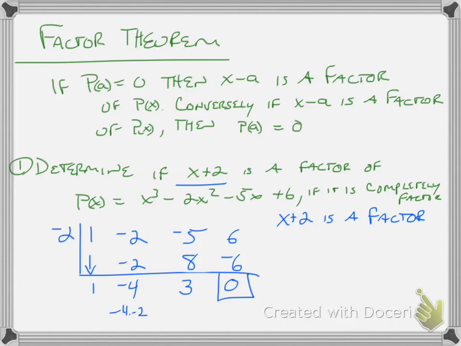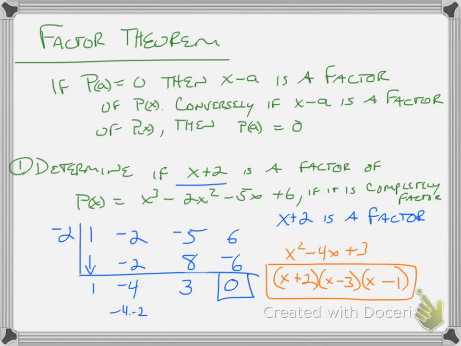So to completely factor, I'm going to take the quadratic that's left, x squared minus 4x plus 3, and I'm going to factor that, and what that factors into is x minus 3 times x minus 1. I'm going to include the x plus 2 that was originally factored, and this is the factored form. x plus 2 is a factor, and this is completely factored down here.